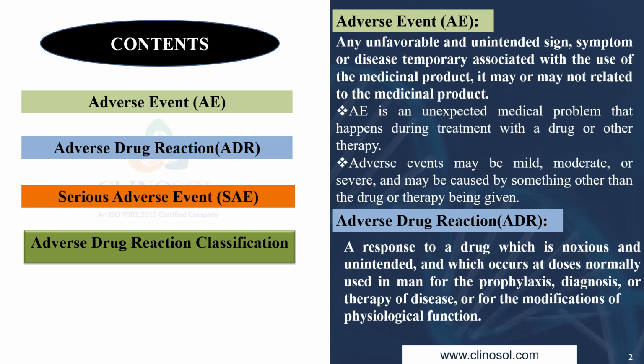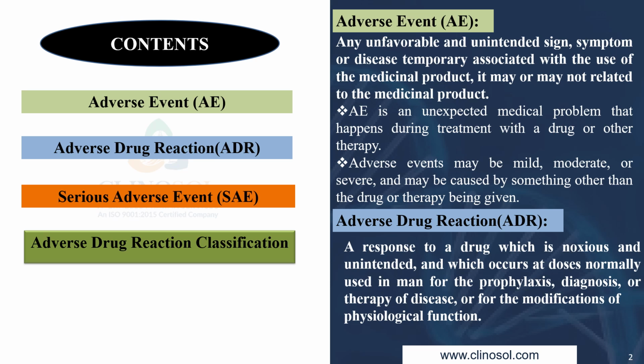It includes adverse event, adverse drug reaction, serious adverse event, and adverse drug reaction classification. Adverse event. It is defined as any unfavorable and unintended sign, symptom, or disease temporarily associated with the use of the medicinal product. It may or may not be related to the medicinal product or treatment.